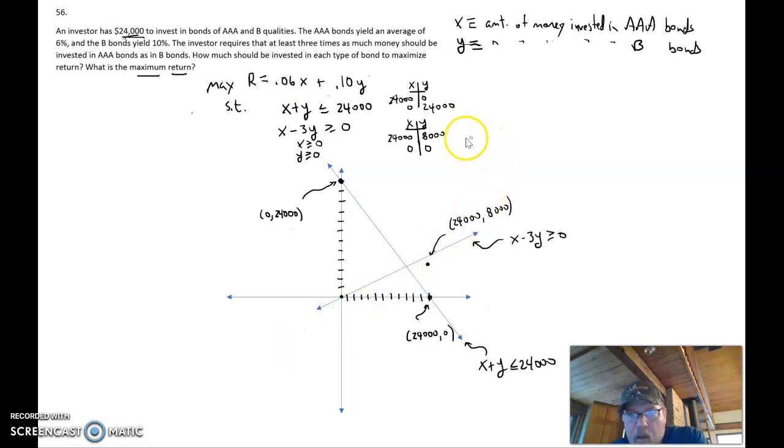All right, good. And this, oh wait, I gotta grab it up here. This is not exactly lined up yet. There we go. All right, and that's my 24,000 point. We need to find this intersection right here.